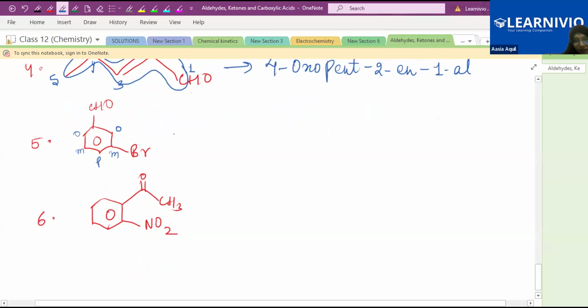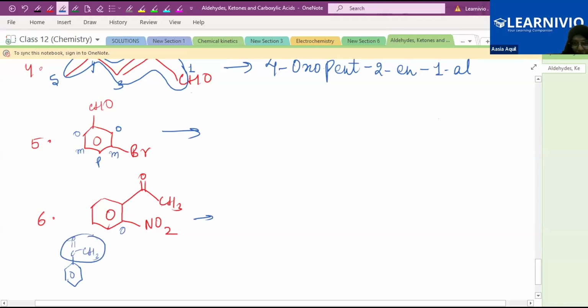And what about this one? Now you tell me which group this is. CH3CO, this is the acyl group. This acyl group present on benzene means this is acetophenone. Corresponding to this is the ortho position. What is at the ortho position? A nitro group, NO2, is present. So what will be the name? This is benzene, and here it is CO, CH3.